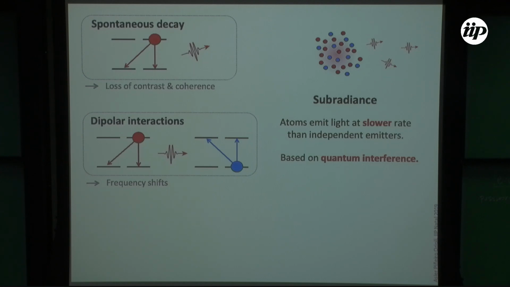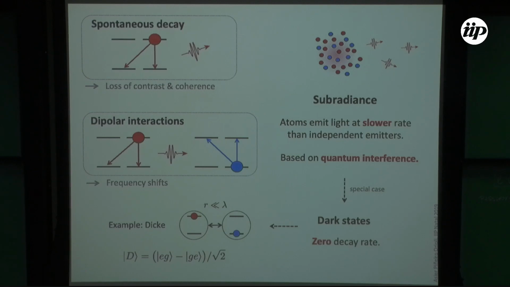And you will see that the physical basis of this can be understood in terms of quantum interference of different decay processes. Now, here specifically, I'm going to talk about dark states, which you can see as a sort of extreme case of this phenomenon where the decay rate totally vanishes.